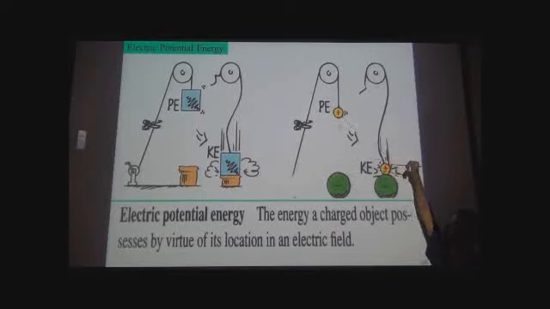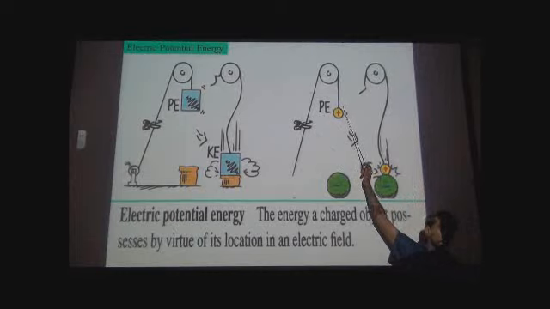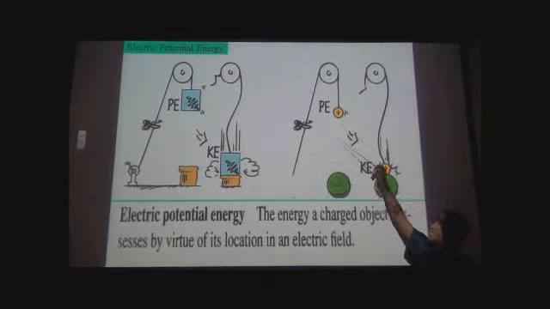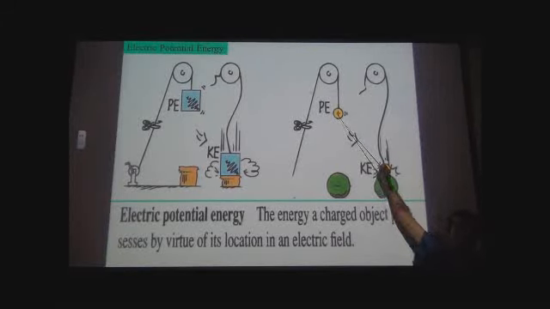So here's a positive charge, negative charge. There's a force that's pulling it towards this. The string is holding the charge back by virtue of the position of this charge in the electric field that's due to the negative charge. By virtue of its position, the positive charge has potential energy. In this case, the potential energy is electric potential energy, not gravitational potential energy. Is this clear?